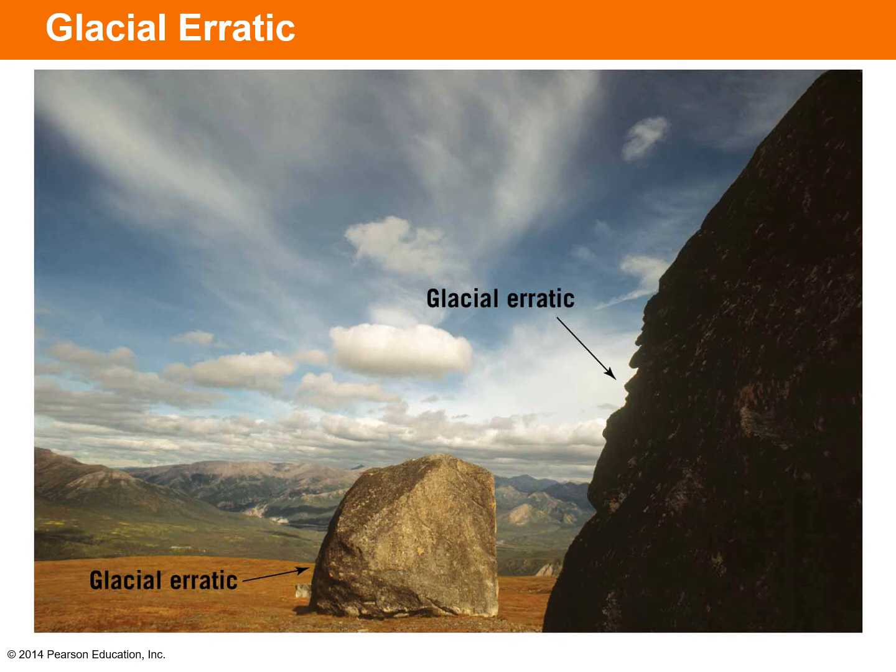A drop stone was a good example of evidence of glacial plucking. But another good example that is on land is a glacial erratic.